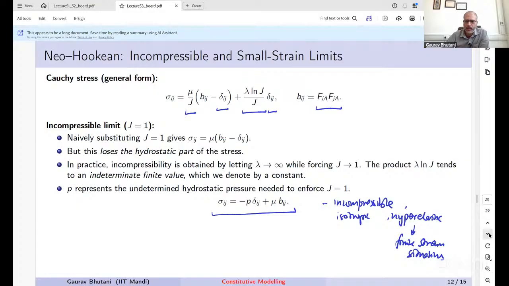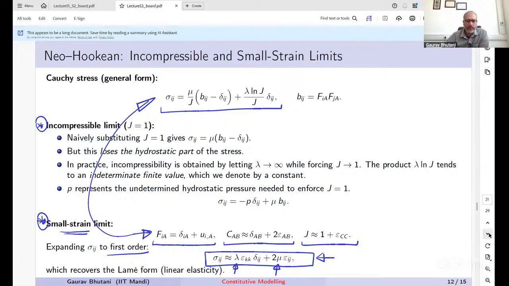For motivation, using this sigma that we have obtained for the Neo-Hookean material, we applied two different approximations. One was for the incompressible limit, which gives this kind of an expression for incompressible situation. And the next was for a small strain limit. But remember, this small strain was applied to the general form, not the incompressible limit, as there was a confusion.